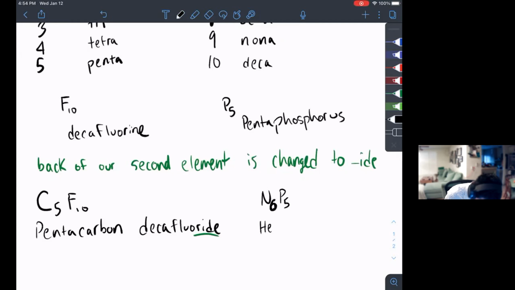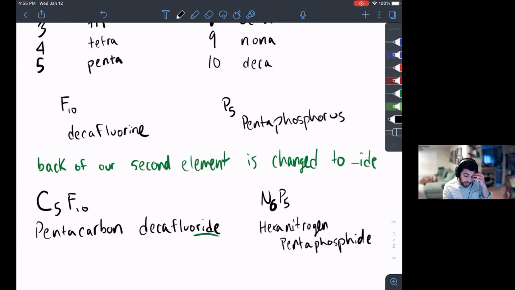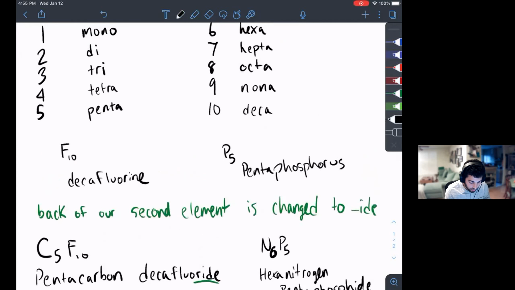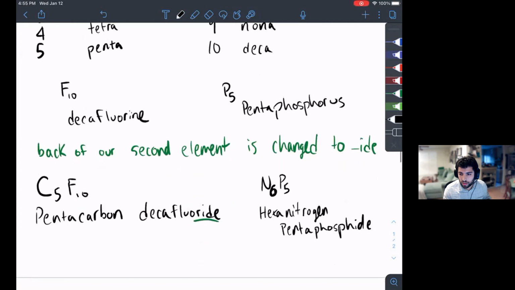It's hexanitrogen pentaphosphide. If we have double vowels, like with oxygen, we'll generally just combine it into one oxide, like hydrogen monoxide. But overall, this is the basis to covalent naming.